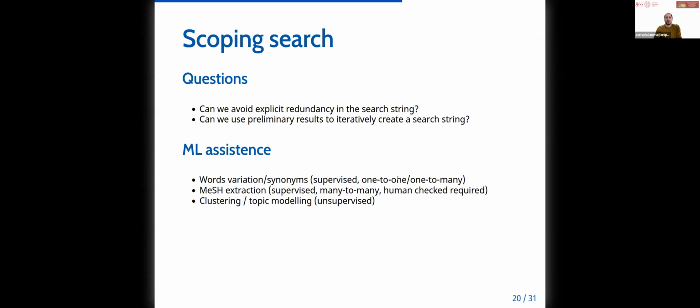That is a kind of one-to-one or one-to-many model, because you start from one word and maybe you can have multiple synonyms for that word to be included in your search strings.